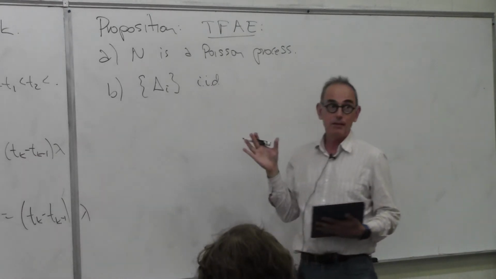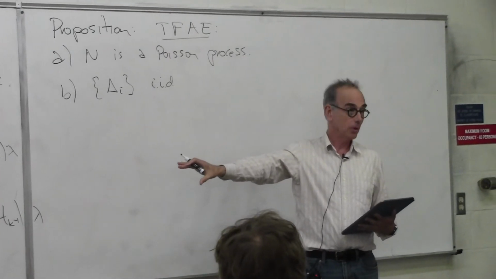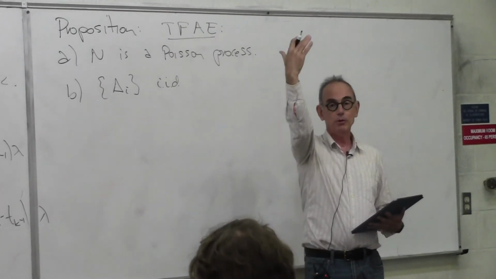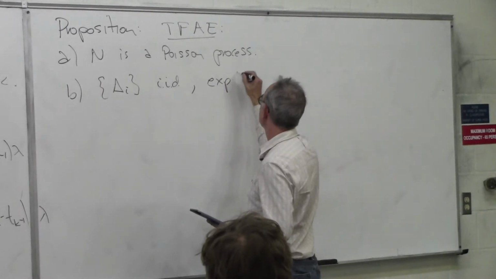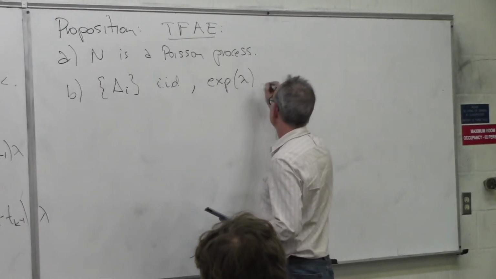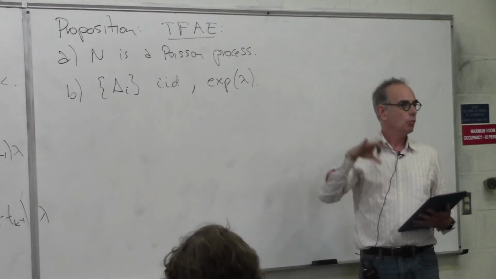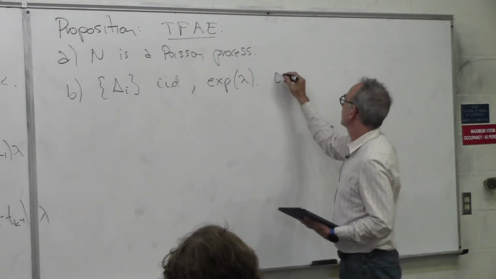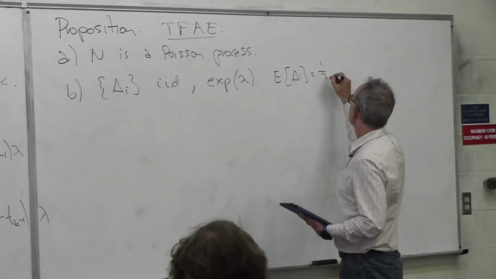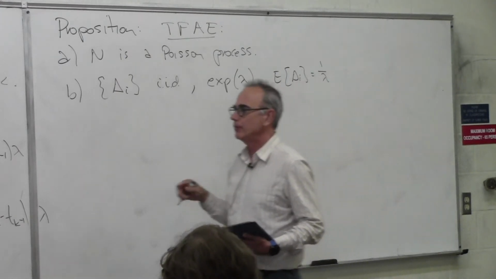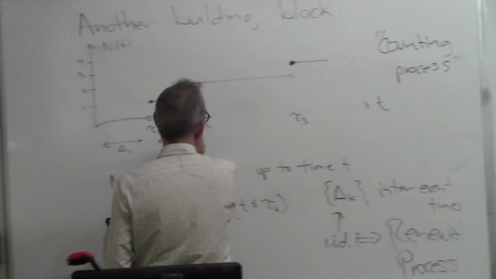Well, they're IID, so a Poisson process is a renewal process. And they have a distribution which is exponential. So the mean of the delta is 1 over lambda. So if lambda is very, very big, then the mean is very, very small.